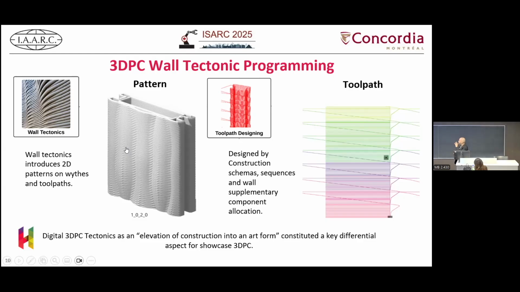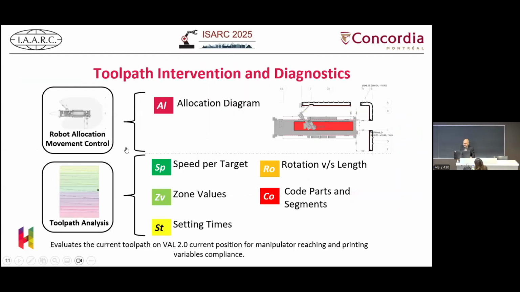So we explored and wanted to showcase how this can be aesthetically pleasant and interesting. And also the toolpath part is not just slicing, but intended to coordinate with the construction, for example by adding a supplementary component allocation.